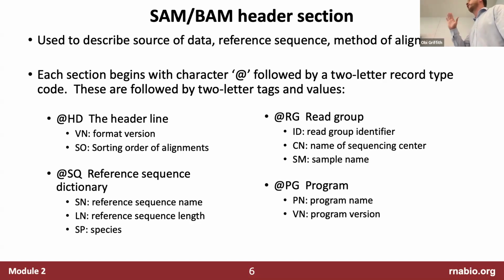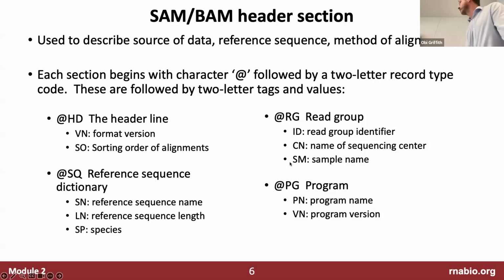But there can often be other stuff in there, right? From that you can learn, did they include a virus genome in the alignment because they were interested in viral integration as well as human genome alignments? Did they include alternate contigs for the HLA region because they want to get better alignments of HLA? All kinds of stuff like that could potentially be in there.